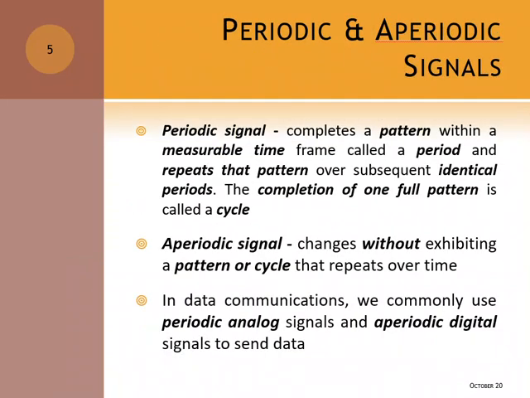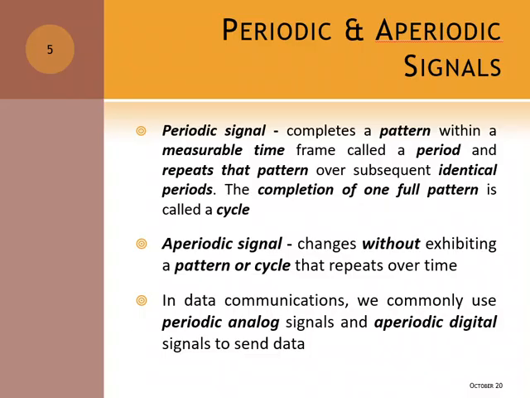Next we move to periodic and aperiodic signals. What is periodic and what is aperiodic signals? Periodic signals means a signal that completes a pattern within a measurable time frame called a period and repeats that pattern over subsequent identical periods. The completion of one full pattern is called a cycle. Selain daripada kategori analog dan digital signal, kita boleh bahagikan signal tu kepada dua kategori lain iaitu periodic dan aperiodic.